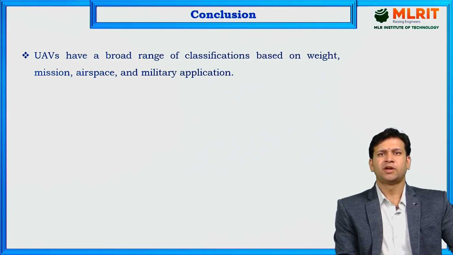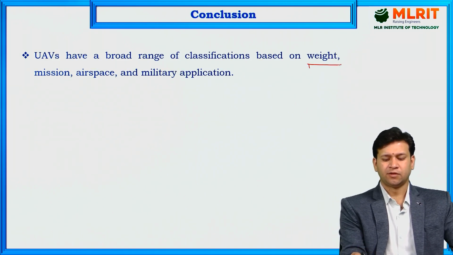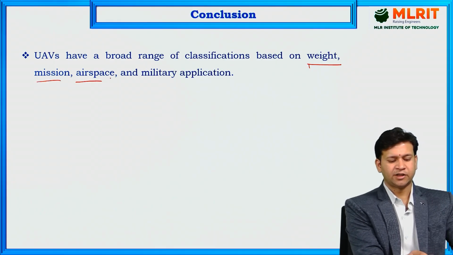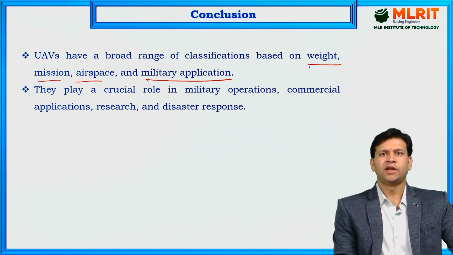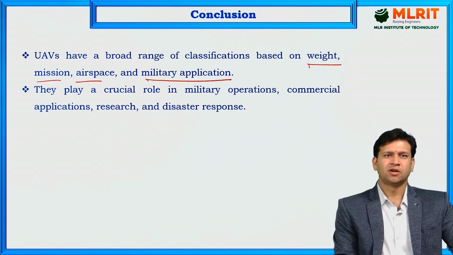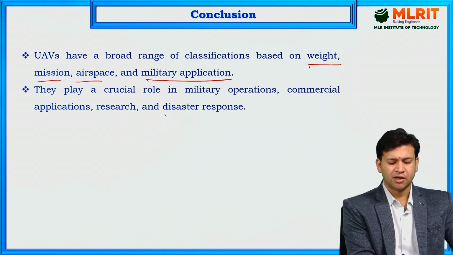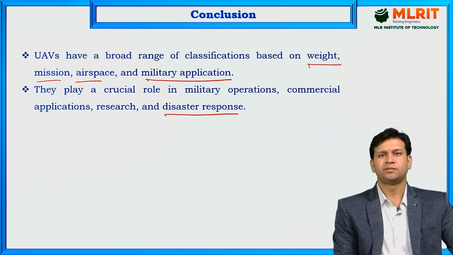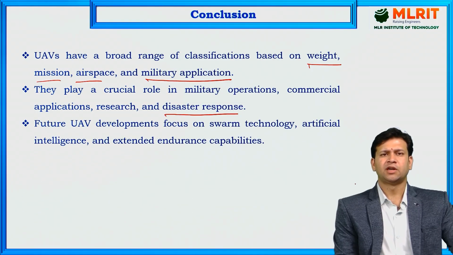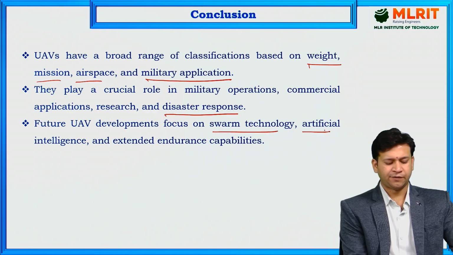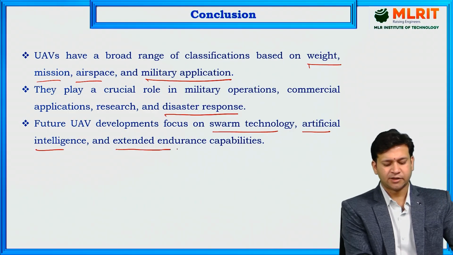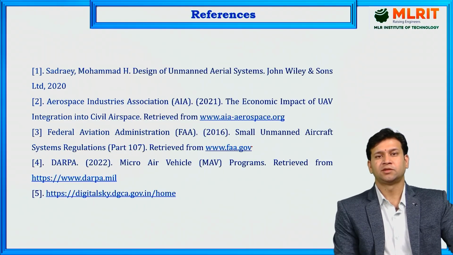UAVs have a broad range of classifications based on weight, mission, airspace, and military application. They play a crucial role in military operations, commercial applications, research, and disaster response. Future unmanned air vehicle developments focus on swarm technology, artificial intelligence, and extended endurance capabilities.